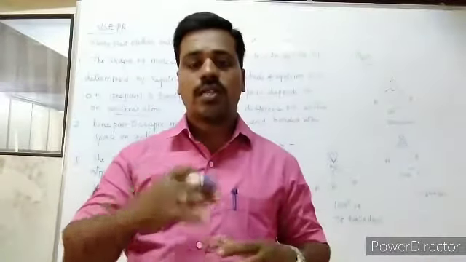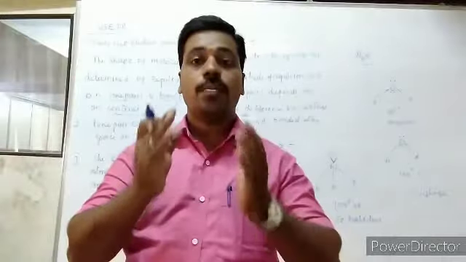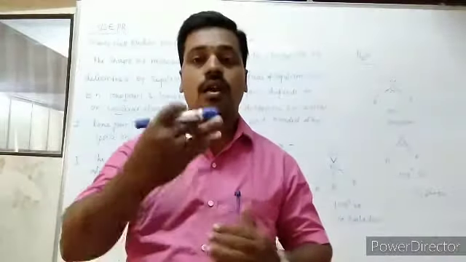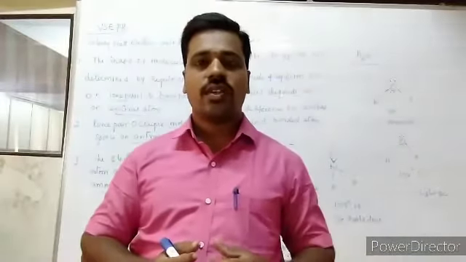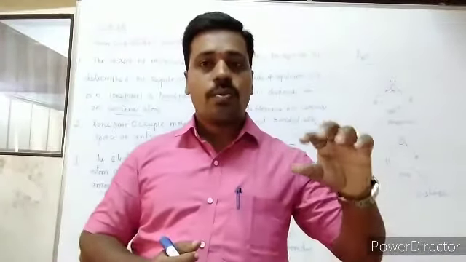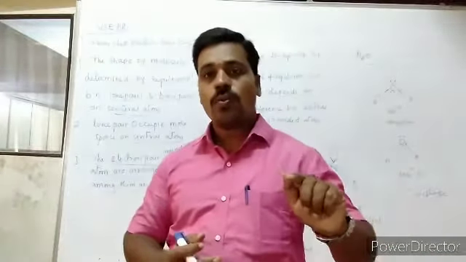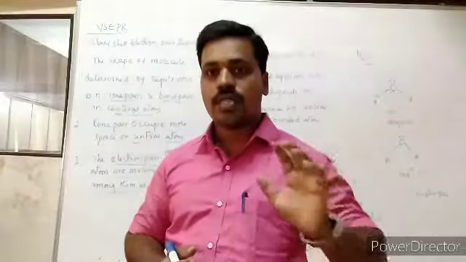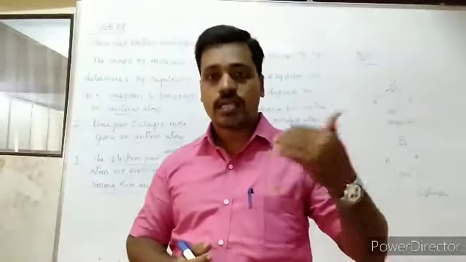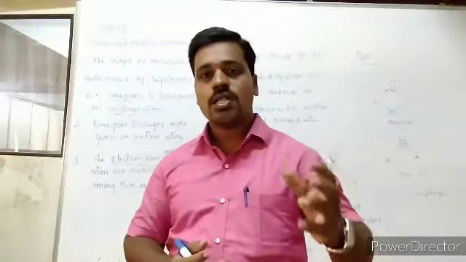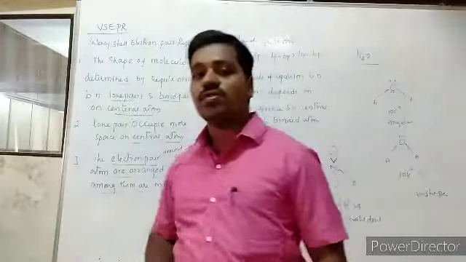They are arranged on the central atom in such a way that the repulsions between them are minimum. In the second postulate, lone pairs occupy more space; even though they occupy more space, they are arranged so that the repulsions between them are minimum. That is the third postulate.